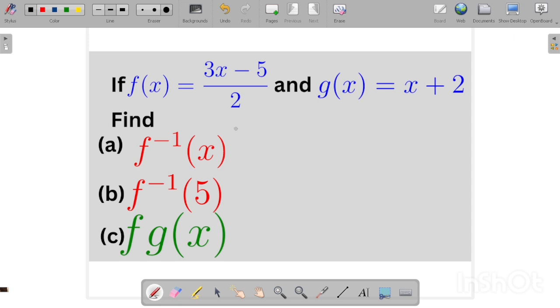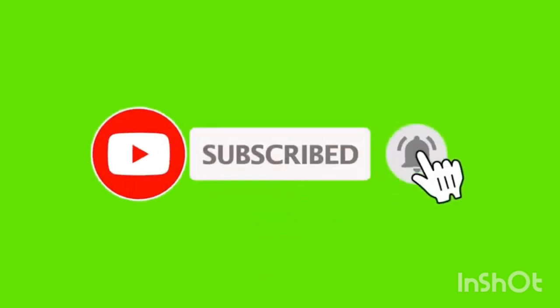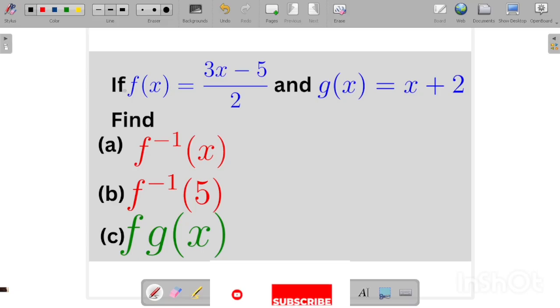In this video, we're going to address the problems that many students have on how to find the inverse of a function and also the composition of functions. Okay, so we have this question. If f of x is this function and g of x is this function, find the inverse of the function f of x.